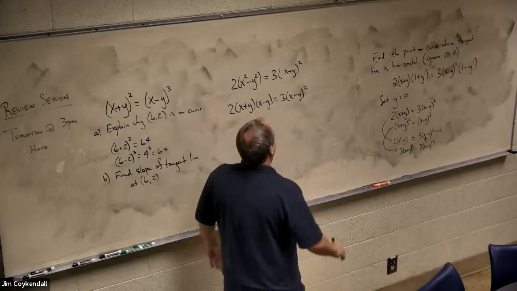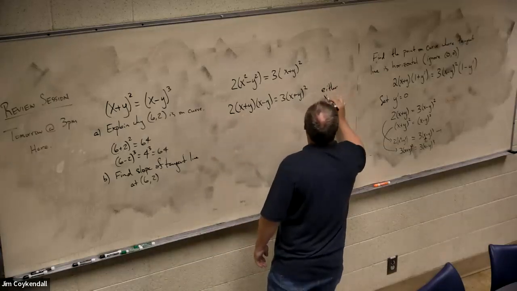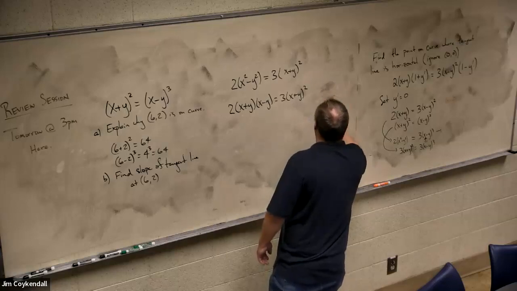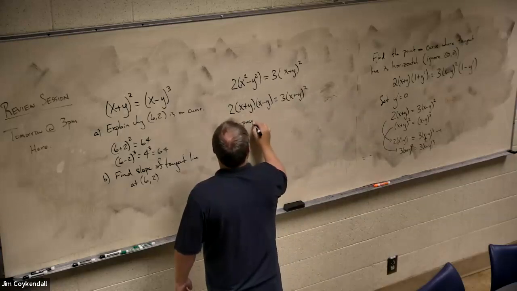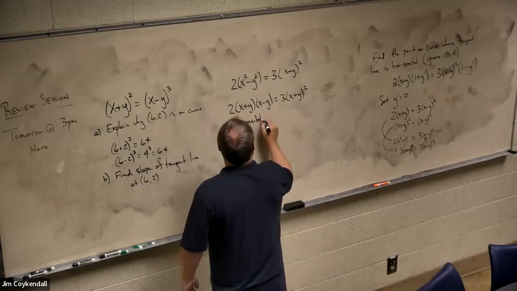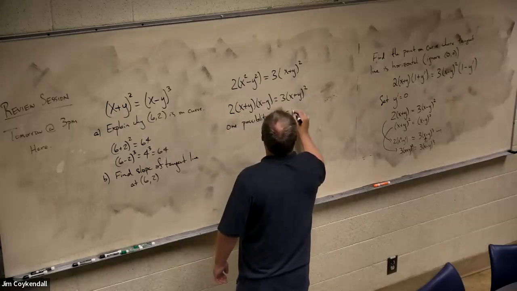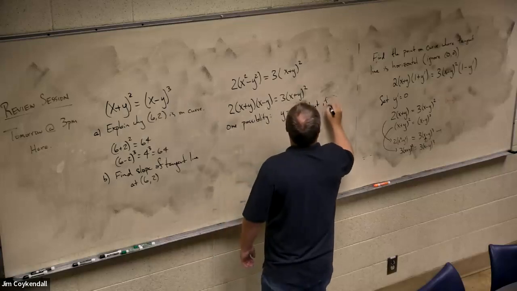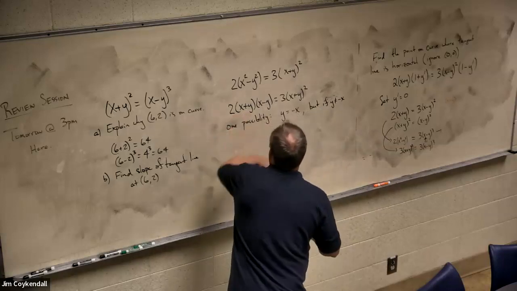So either one solution is y equals minus x, but if y is not equal to minus x, then I can cancel x plus y.